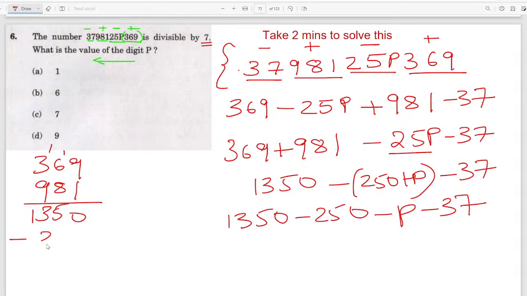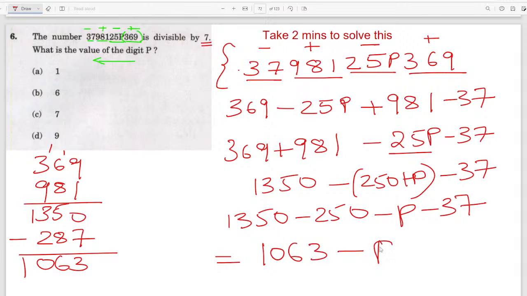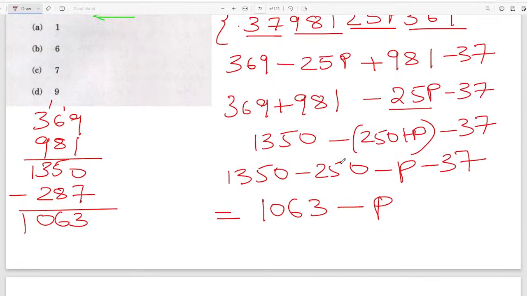If I subtract 287, 10 minus 7 is 3, 10 minus 8 is 6, so 1063. So this is 1063 minus P. Now they are saying that this whole number is divisible by 7. So this 1063 minus P also should be divisible by 7.